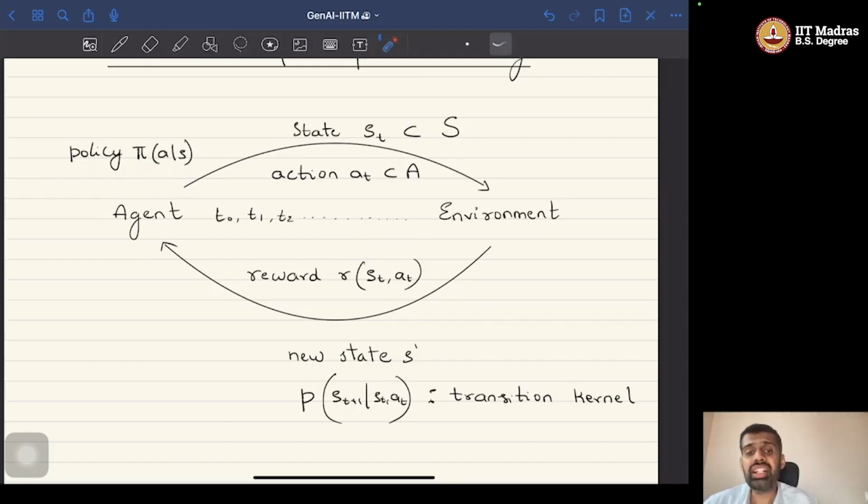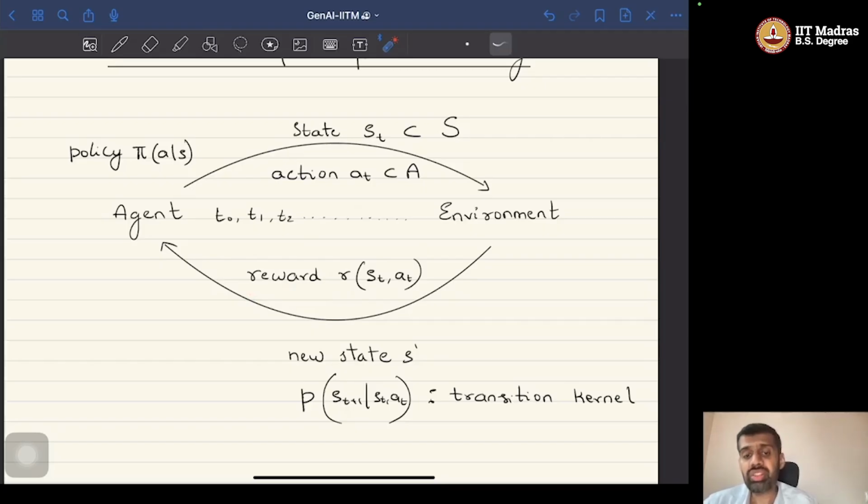Okay. Now the idea is to learn or tweak this policy in such a way that some notion of the cumulative reward is optimized. Let me repeat. The setup is the following: there is an agent that is performing a set of possible actions being at different states. Every time the agent performs a particular action, the environment responds back by giving it feedback, which is quantified by the reward function.